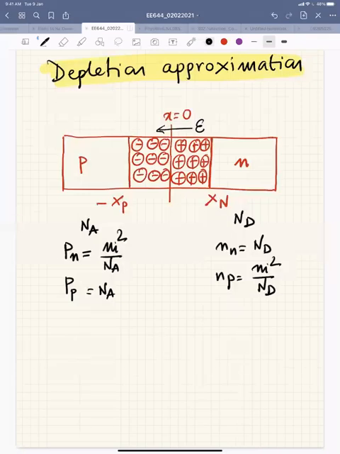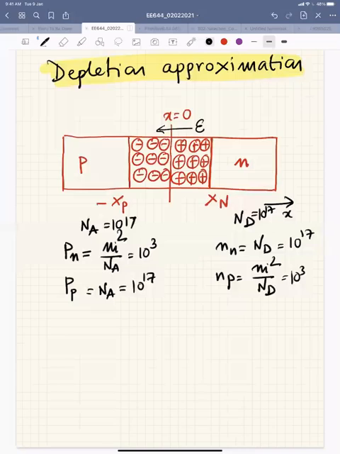So if you go from the right hand side towards the left hand side and look at the hole concentration, let's say Na equals 10 to 17, and this will be 10 to the power 3, and this is 10 to 17 and 10 to 3, assuming both are 10 to 17, right?